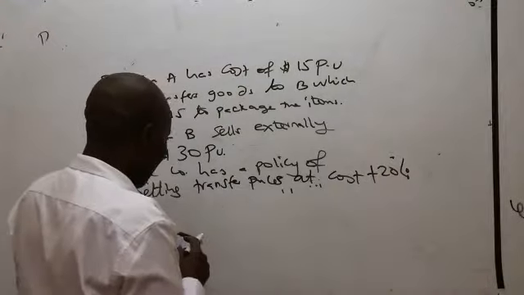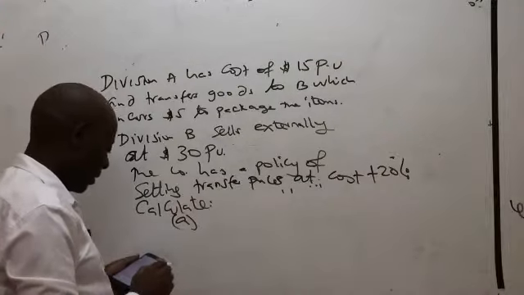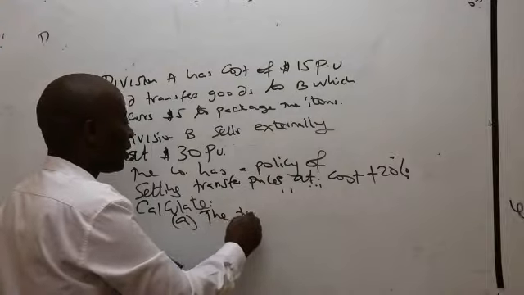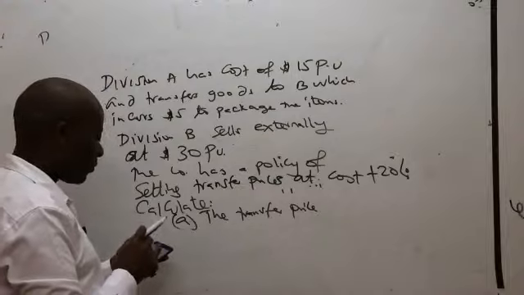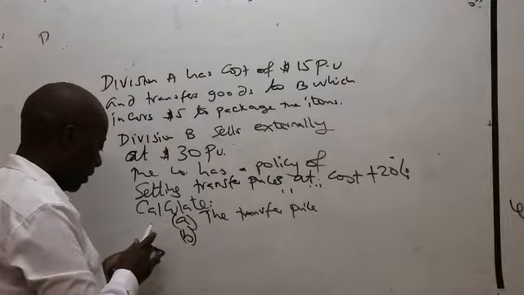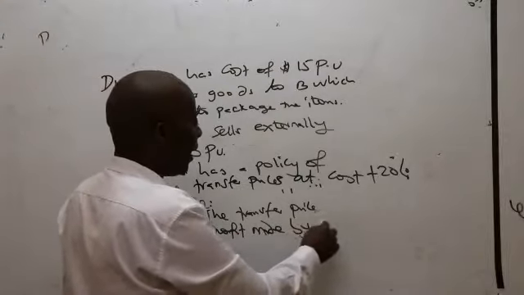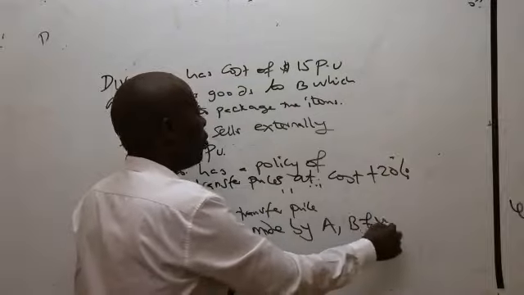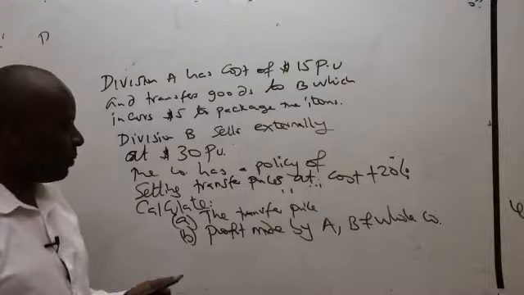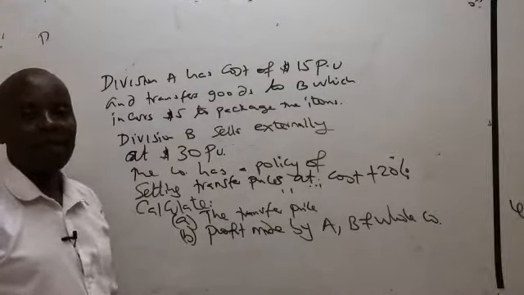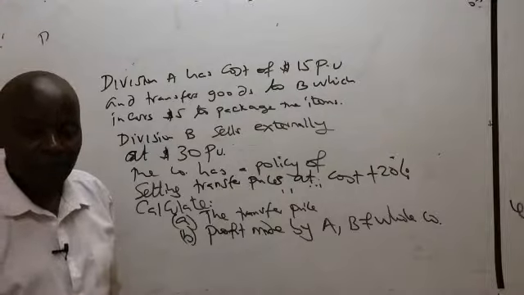So we are required to calculate the transfer price, and then we have B, the profit made by A, B, and the whole company. We read the question again.